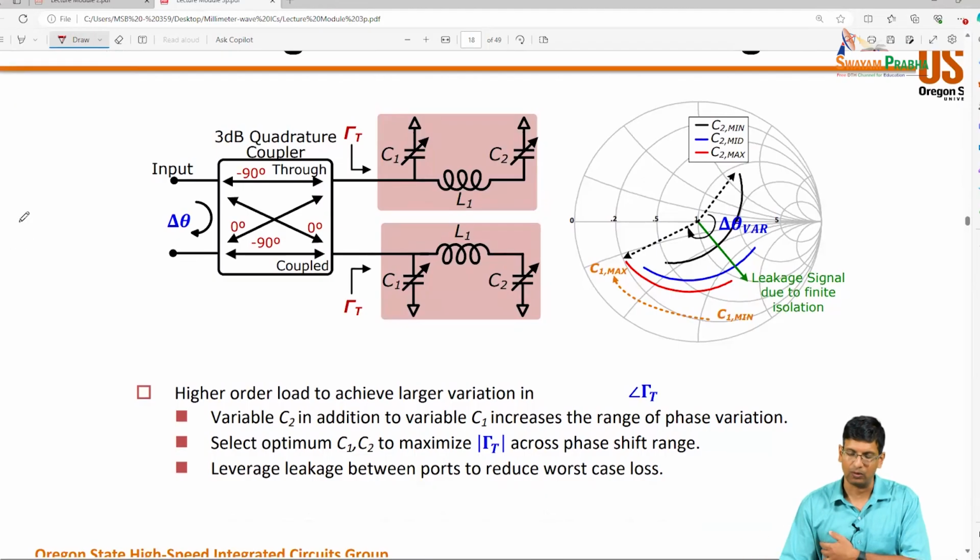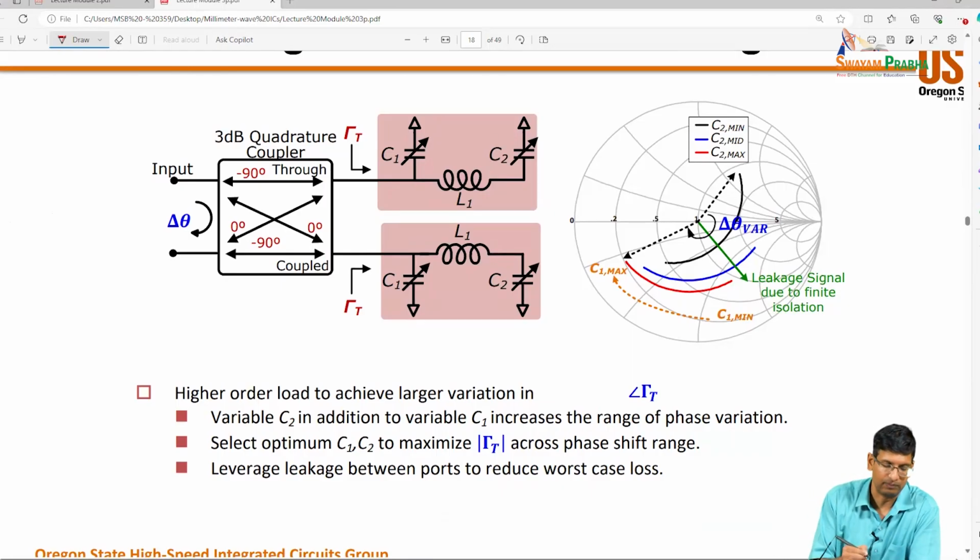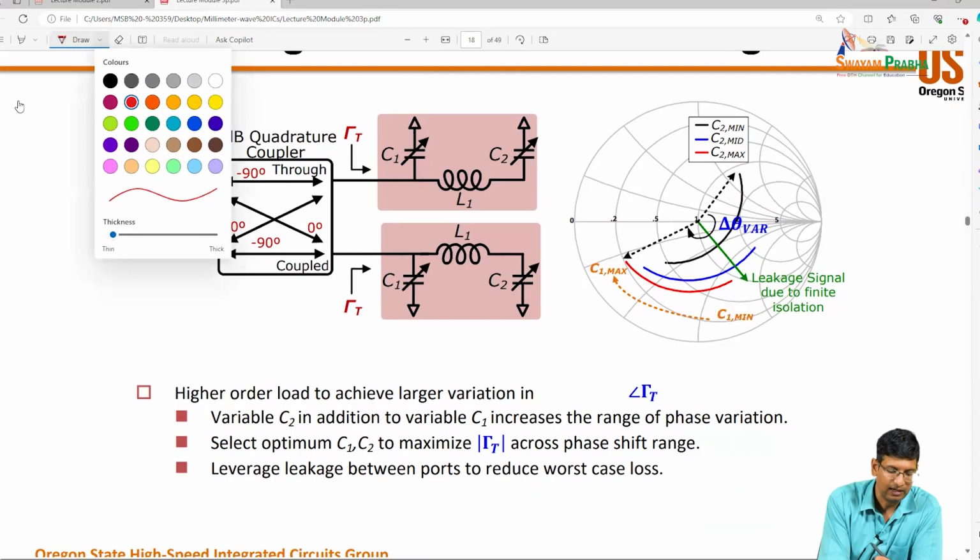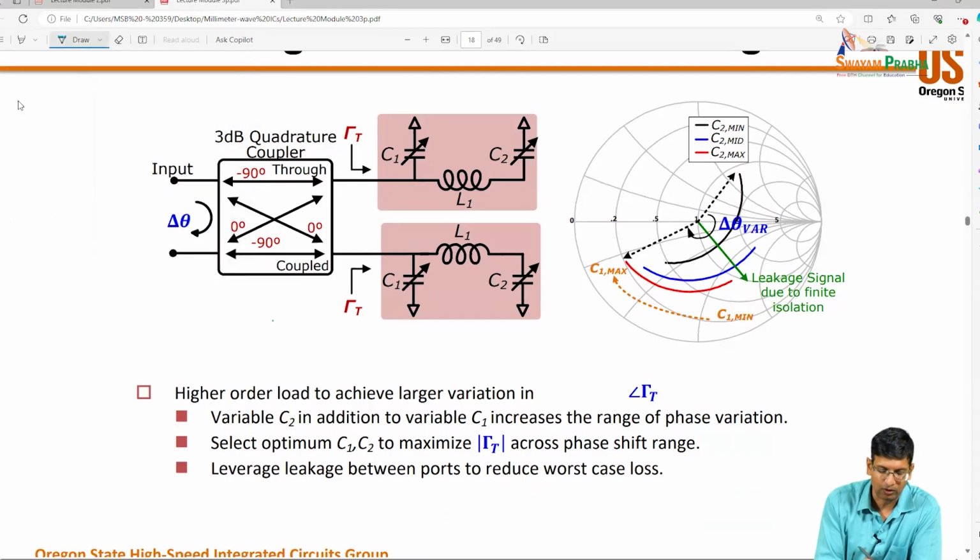And with this approach, or just this broad design approach, both my group and other groups have demonstrated reflection type phase shifters. One other caveat to note, which is a little bit of non-ideality, is that while the input and isolated ports of your coupler are supposed to be perfectly isolated, what you really have is a leakage signal that is always present. And then you have the signal that is getting reflected, coming back, getting reflected, coming back, right?